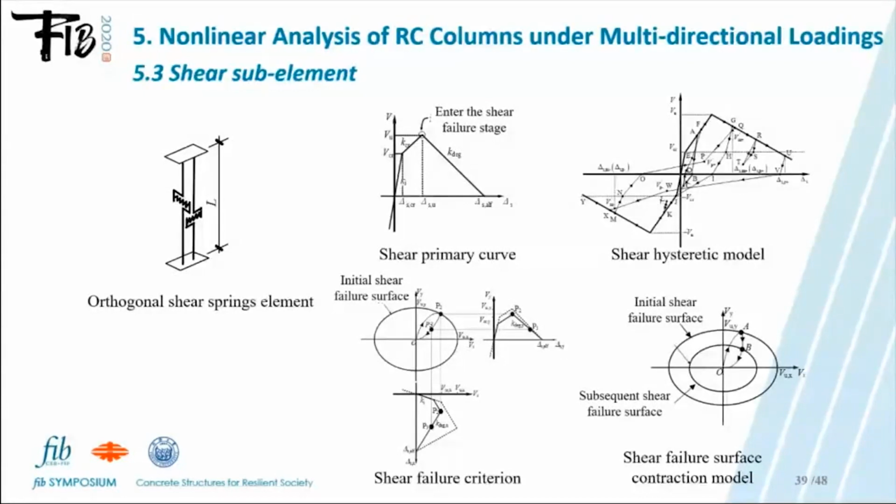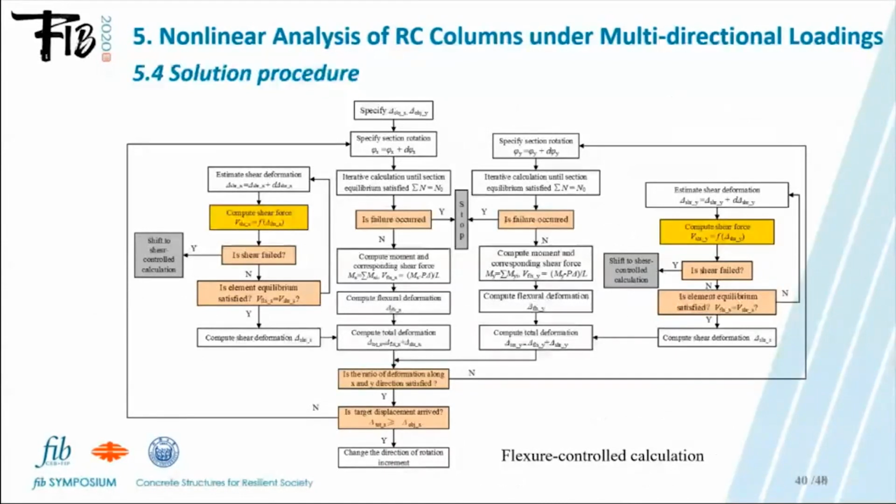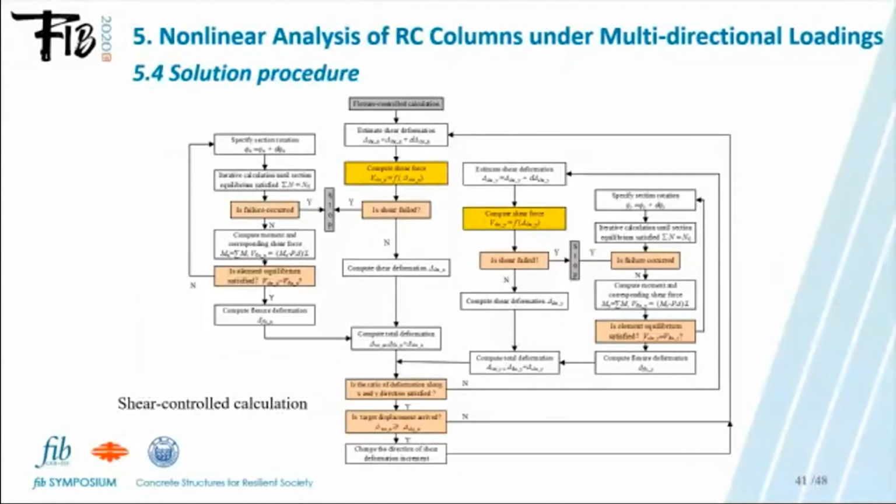On the other hand, if flexure failure is detected, the shear response will unload to keep the same force with flexural response. The analytical procedures for the flexure-controlled stage and the shear-controlled stage are schematically shown on these two slides.